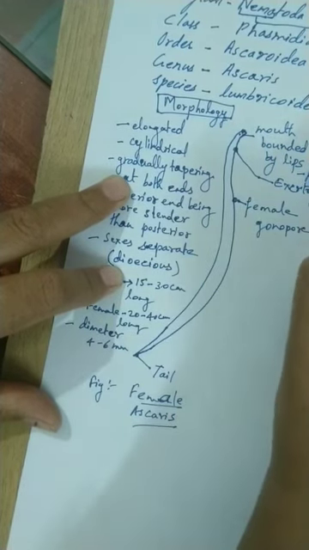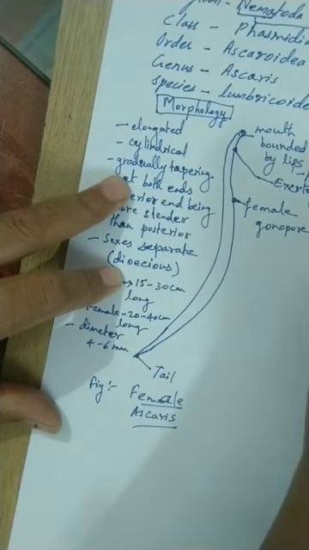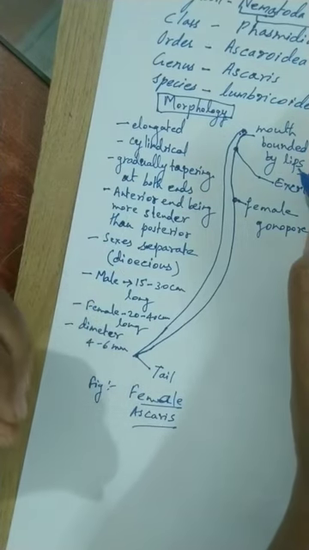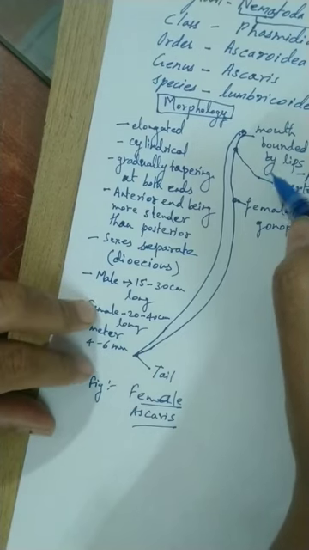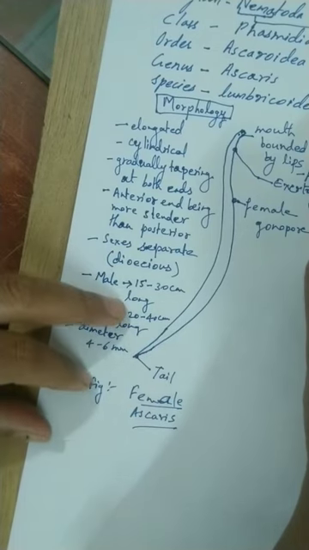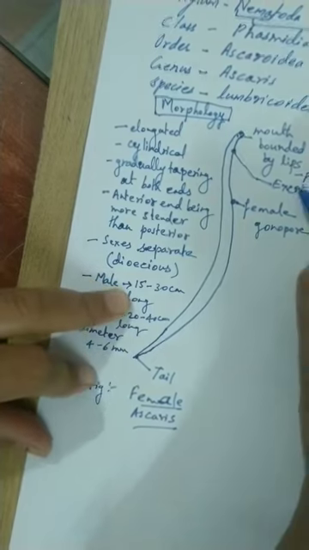In the lips, papillae are present, which are the organs for sensation. Lips also help in the attachment of Ascaris to the small intestine of the host. Mostly it occurs in human beings.